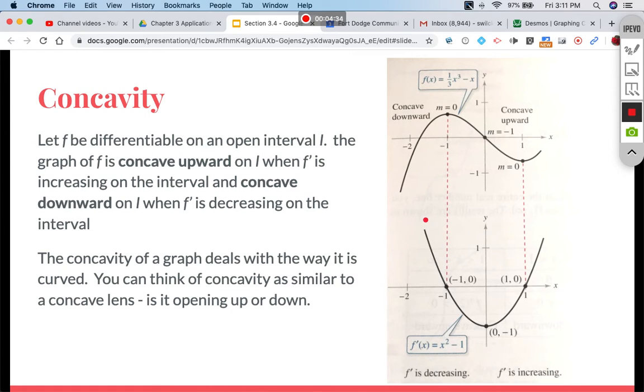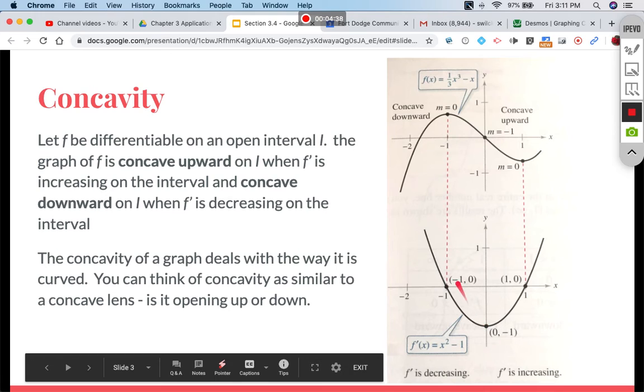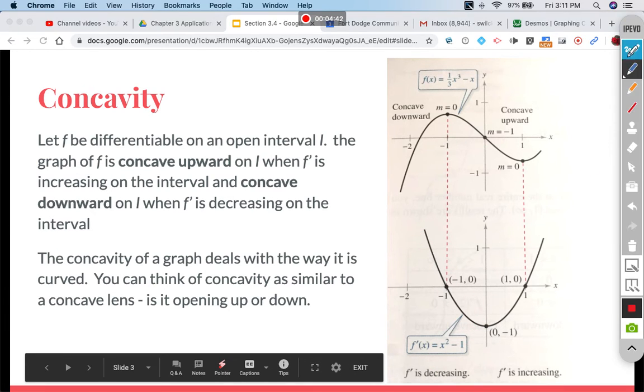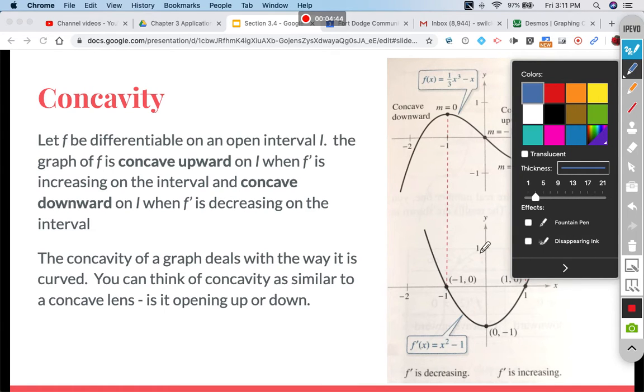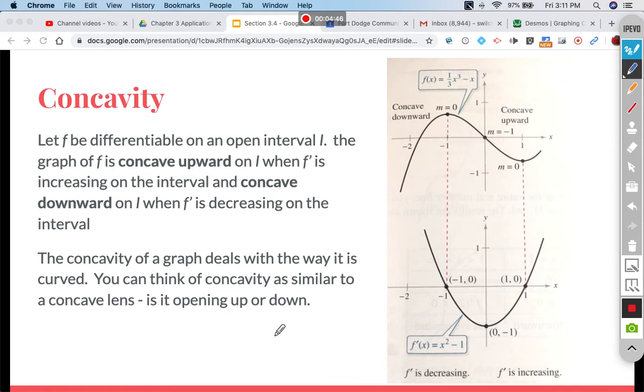The second derivative is basically talking about whether the first derivative is increasing or decreasing. So when the first derivative is decreasing, that means the rate of change, or the second derivative, has to be negative.